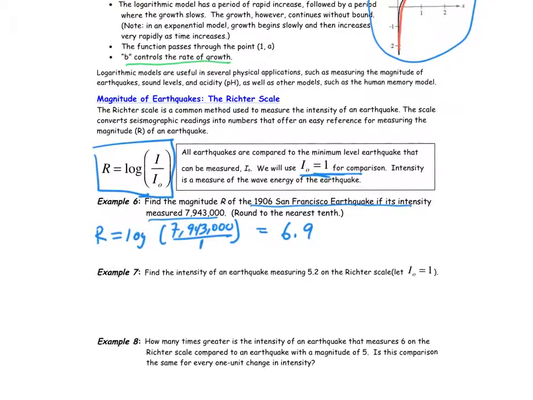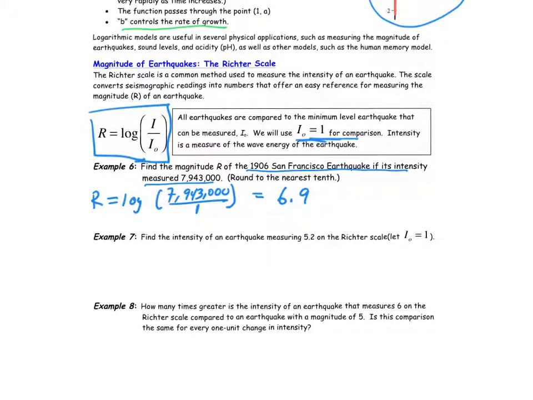Example 7: find the intensity of an earthquake measuring 5.2 on the Richter scale. In this case, we're finding the intensity given R. We know R is equal to log of I over I naught. That's our model, and R is going to be 5.2, equal to the log of I, since I naught is 1. To figure out what I is, we need to undo this log.